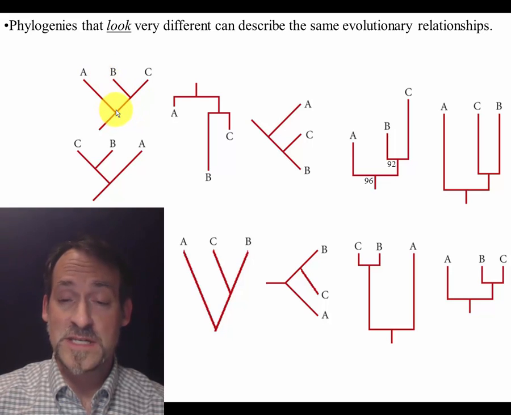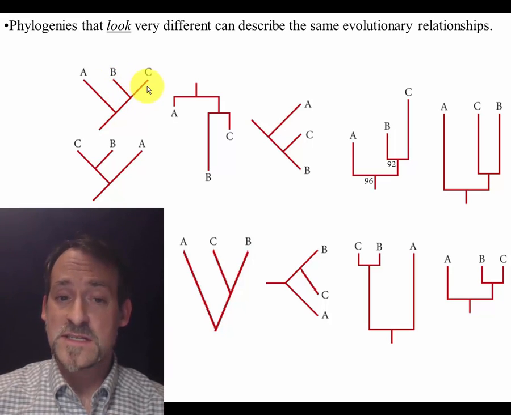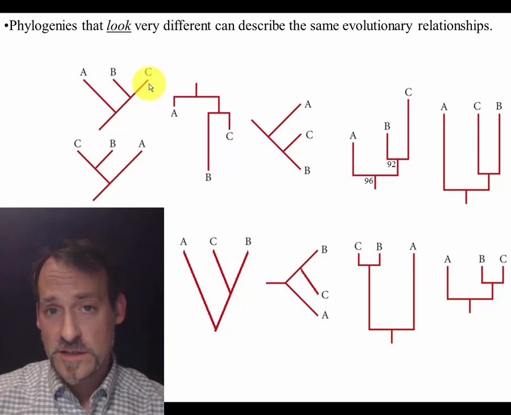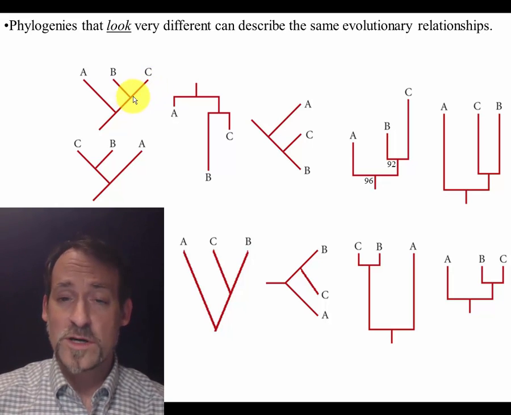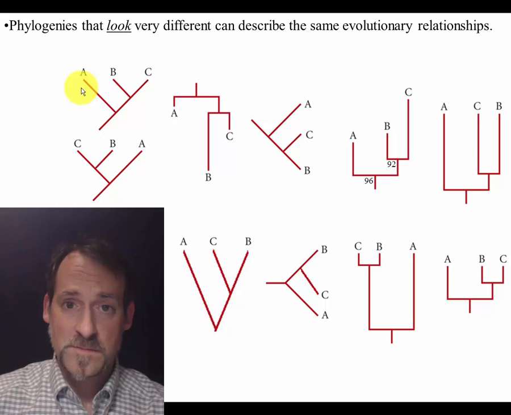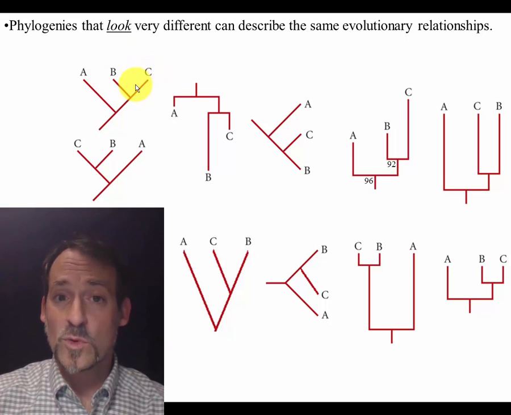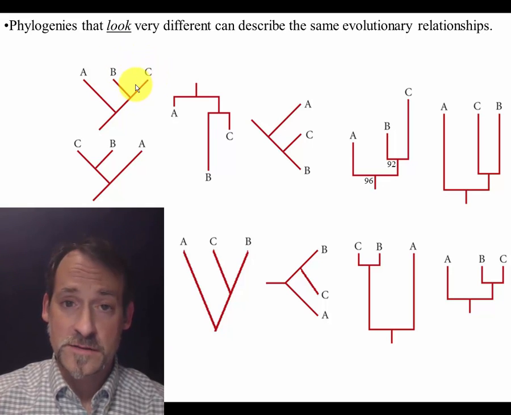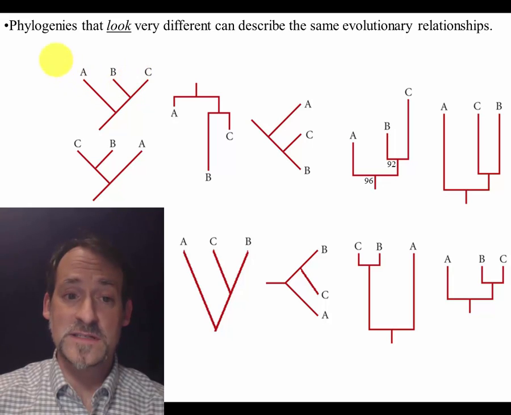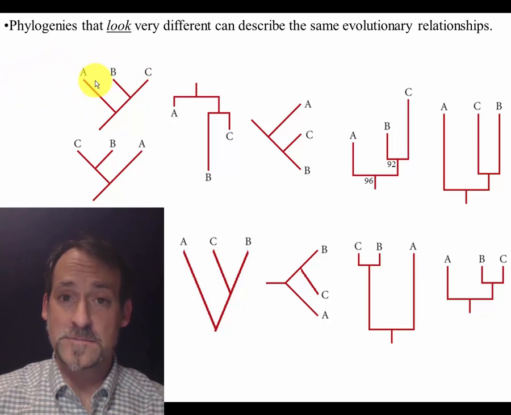The common ancestor between A and B here is the common ancestor between A and C. The fact that this common ancestor here is more recent means that B and C are more closely related to one another than either one is to A. So having a more recent common ancestor means that these two species are more closely related to one another than either of them is to species A.